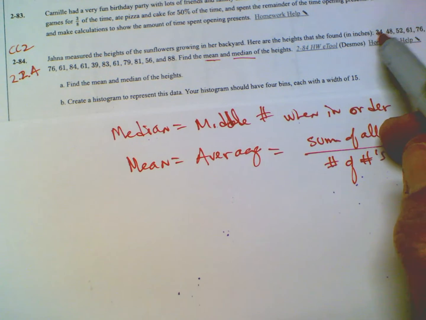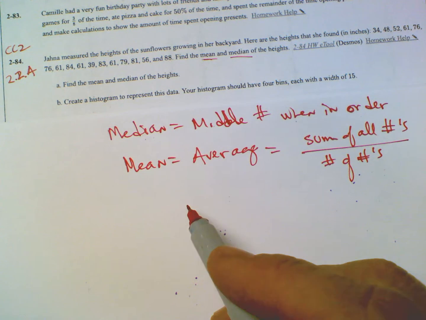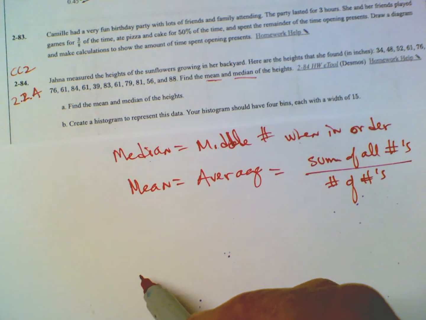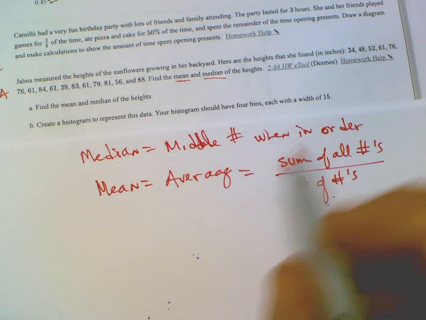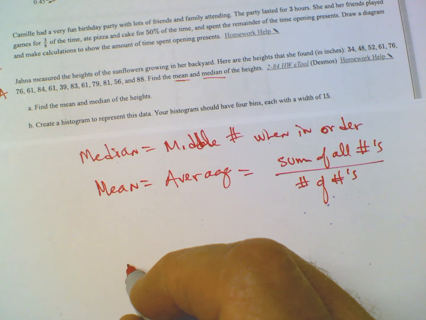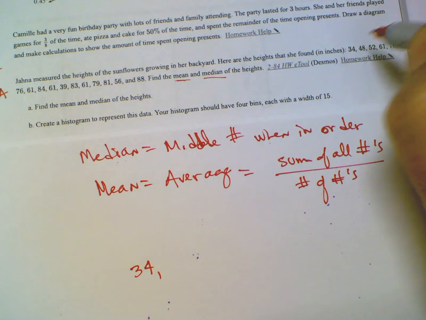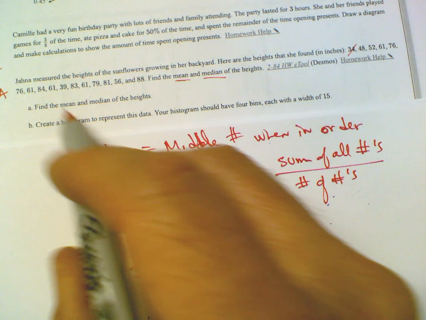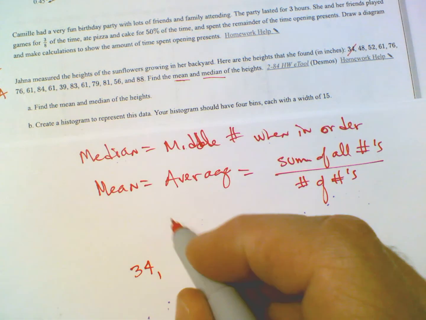So I've got to get all these numbers in order first, starting from my smallest. I tend to look to see what my numbers are, find the smallest, and cross it out. So 34. The next one looks like 39.